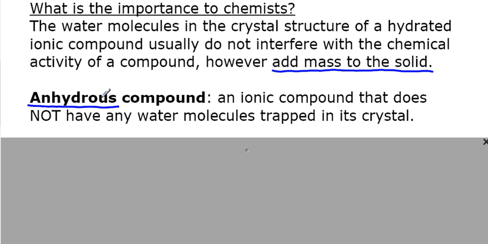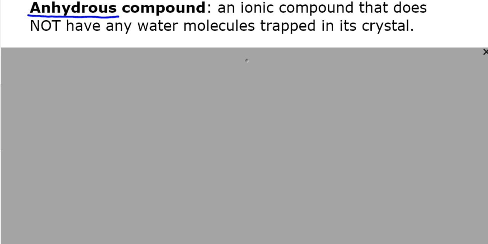So all of the ionic compounds that we've seen so far, we didn't see any water molecules in their formula, so they were anhydrous. There's none trapped inside their crystal structures. If you do see water molecules now with formulas, then you'll know you have a hydrate. So let's take a look at the nomenclature for hydrates.